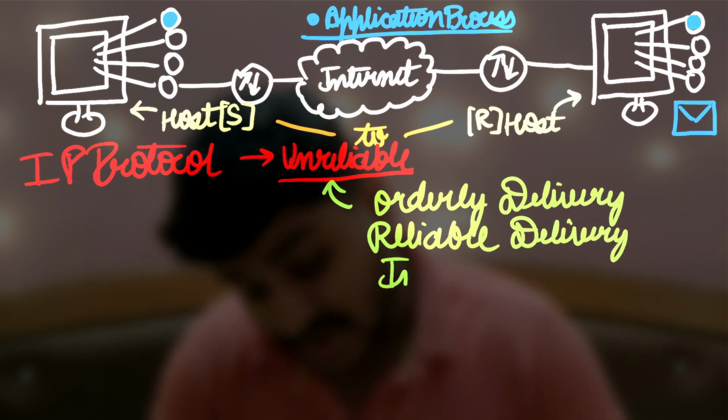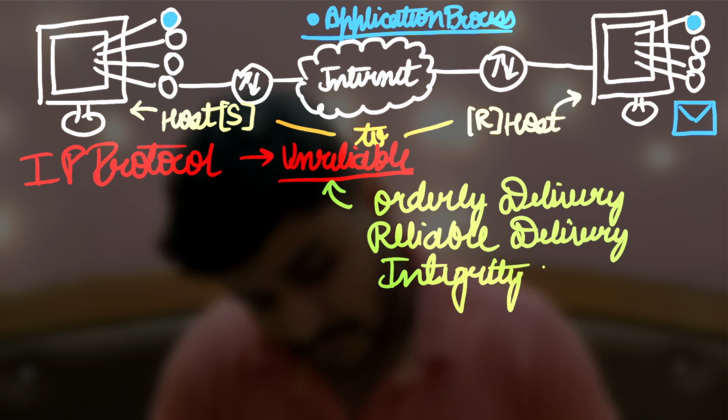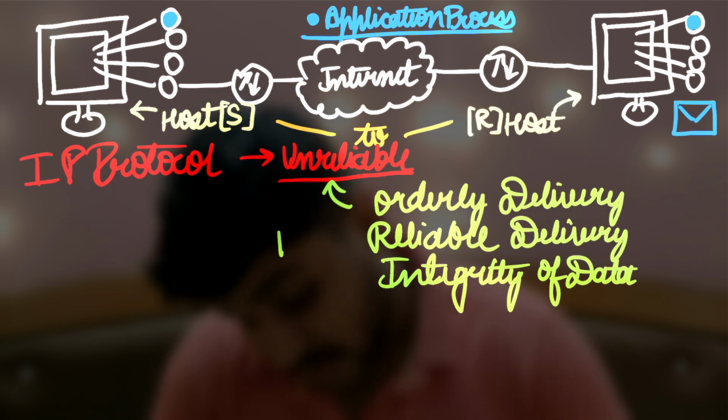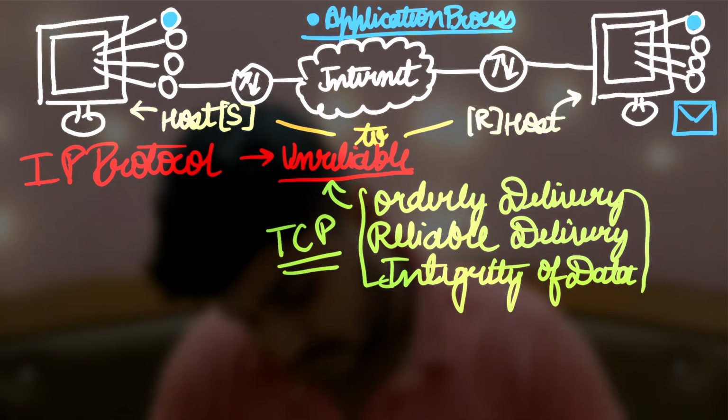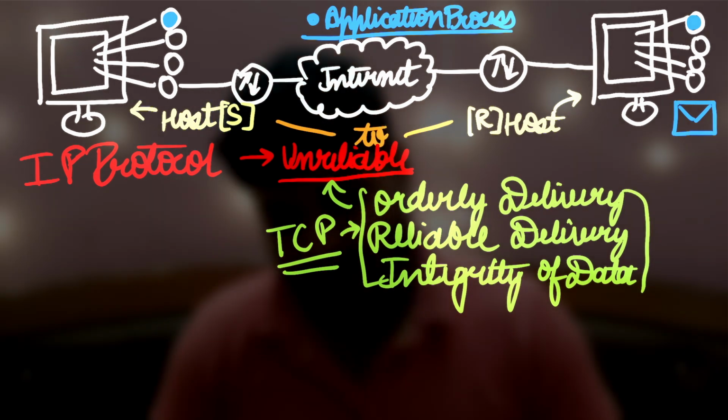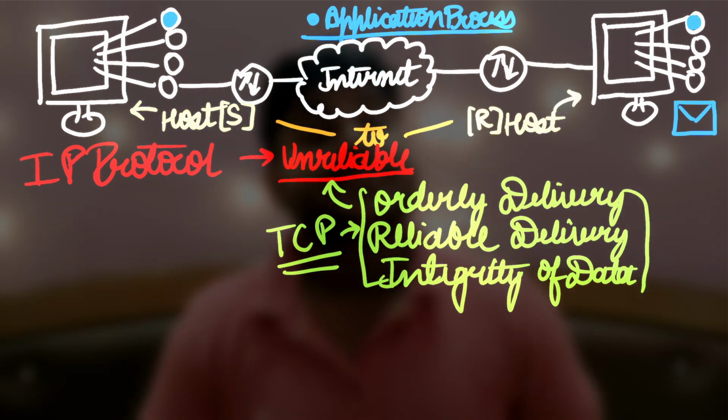And integrity of data is there. This is when we use TCP of the transport layer. Because of this, the transport layer is the heart of the OSI model.